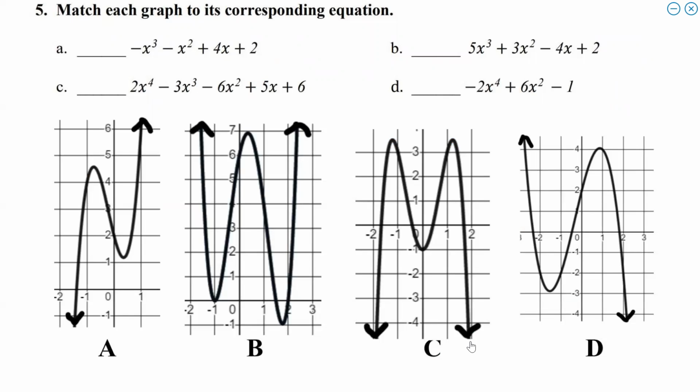I do not need to look at the entire polynomial to be able to do this. If I look just at the variable that has the biggest exponent, I'm going to be able to tell which graph this matches. What are the two parts that I want to pay attention to here?